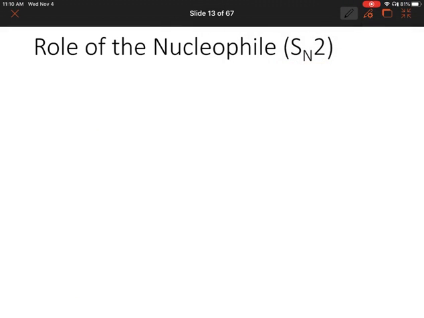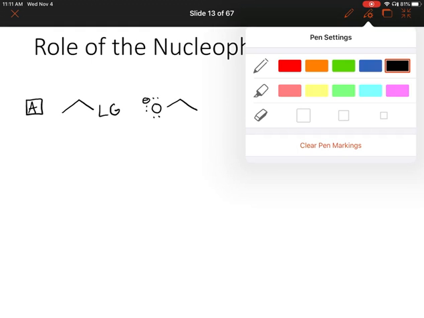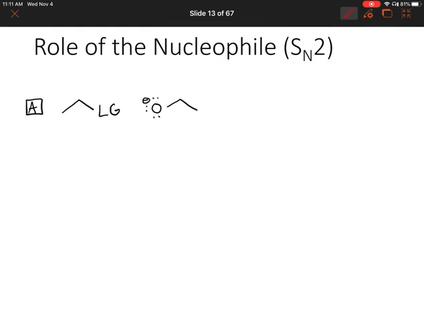So let's draw an electrophile with a leaving group again. And let's draw a nucleophile. All right, so if you want to take a minute and draw what happens in an SN2 reaction, you can pause the video, and when you unpause, we'll go over it together. Okay, so remember in an SN2 reaction, everything happens at once.